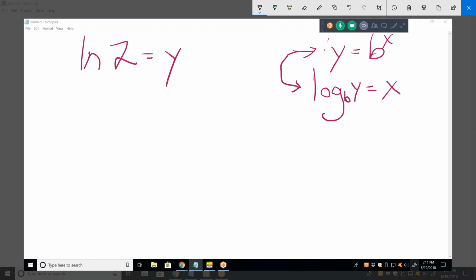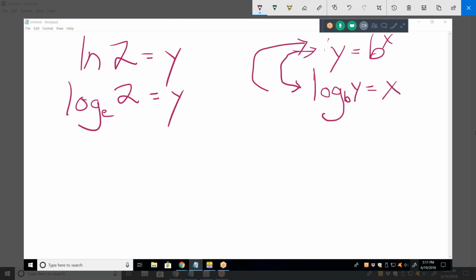Now here, they're giving you the logarithmic expression. And just for your information, in case you don't know, that is the same as log base e. Okay? So, this time, they're wanting us to go from this to this.